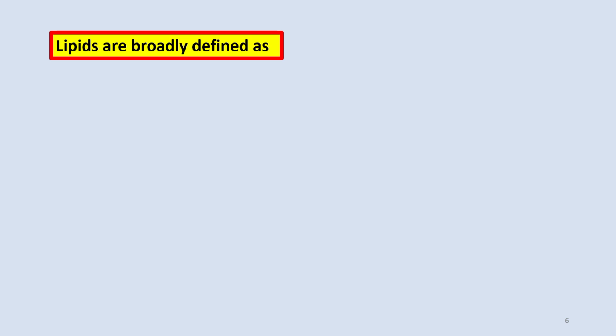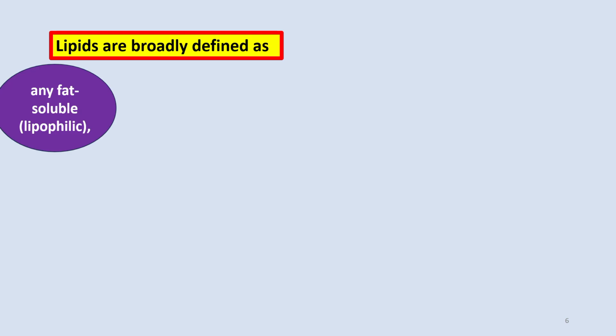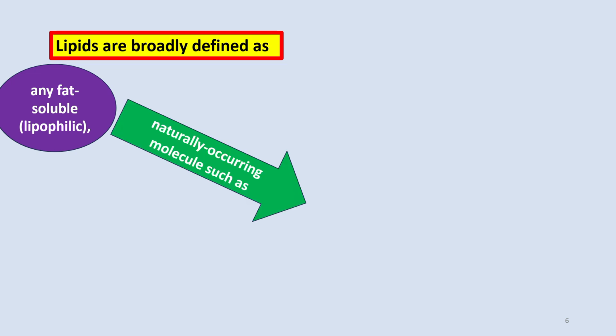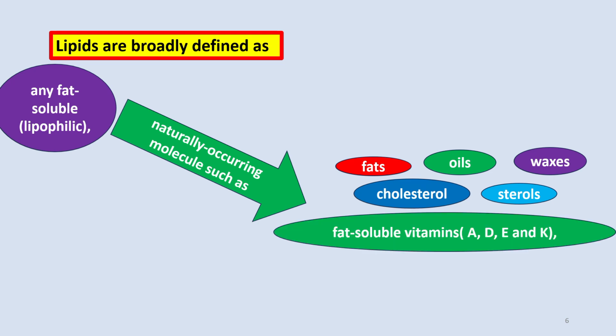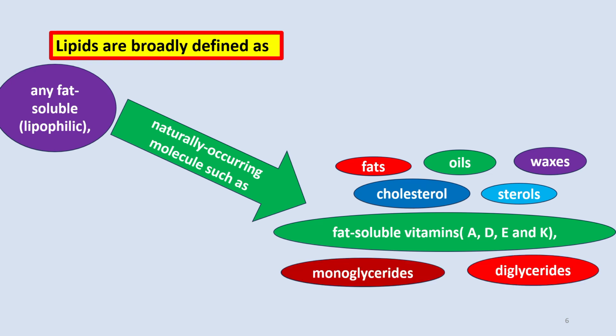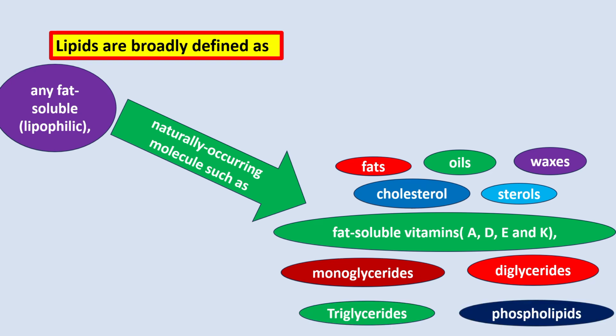First we will see the definition in a short manner. There are many explanatory definitions, and you can refer to them for details. But I have given one from the examination point of view: lipids are broadly defined as any fat soluble or lipophilic, naturally occurring molecules such as fats, oils, waxes, cholesterol, sterols, fat soluble vitamins like A, D, E and K, monoglycerides, diglycerides, triglycerides and phospholipids.